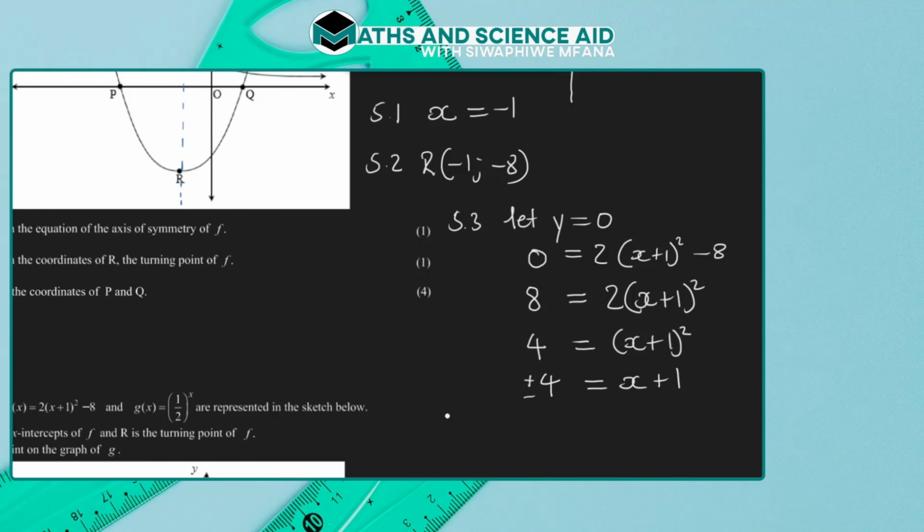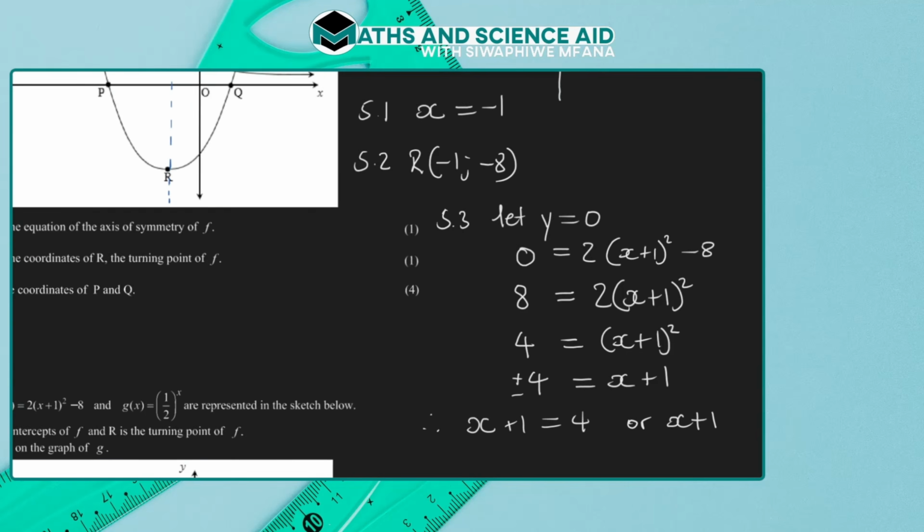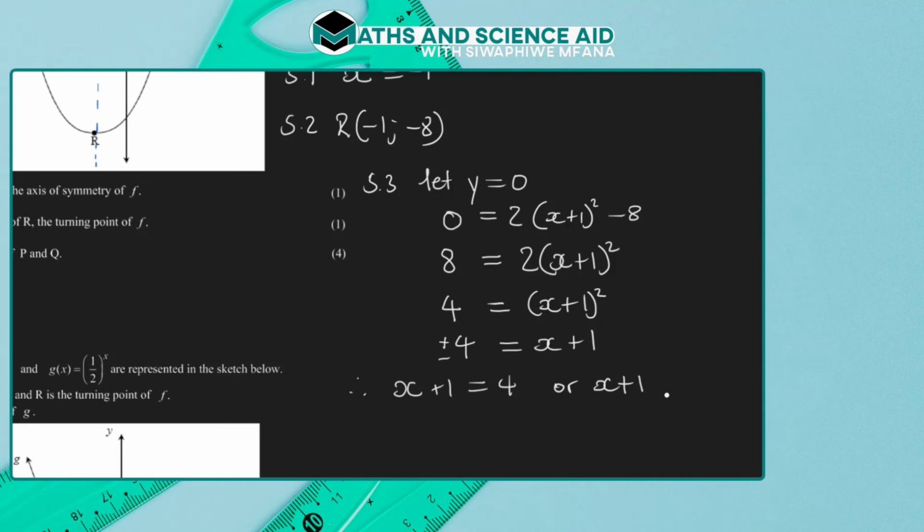And therefore, we are going to have x plus 1 is equal to 4, or x plus 1 is equal to -4. And therefore, this means that the values of x here are x is equal to 4 minus 1, which is 3, or x is equal to -4 minus 1, which is equal to -5.